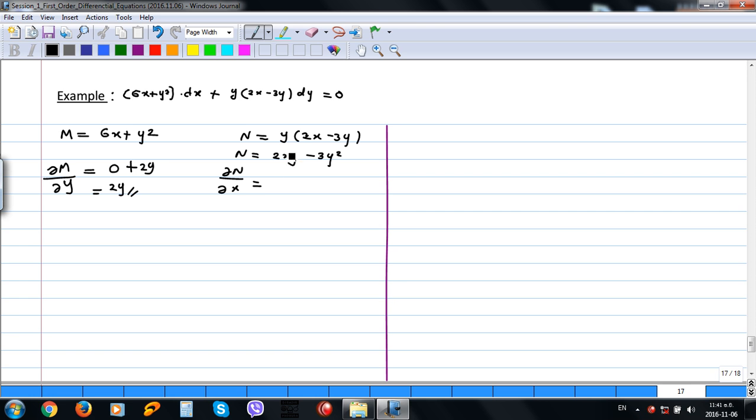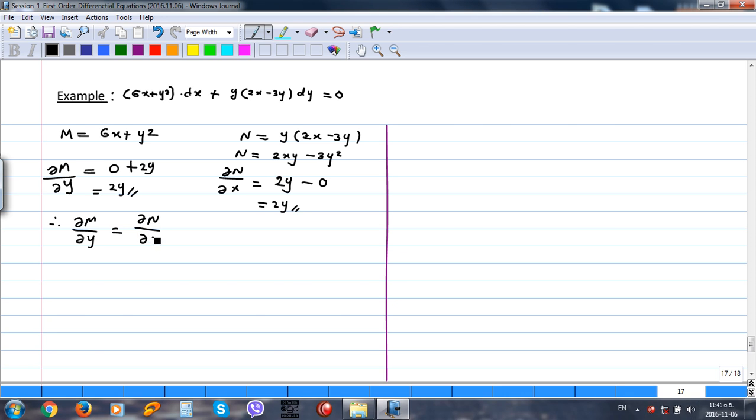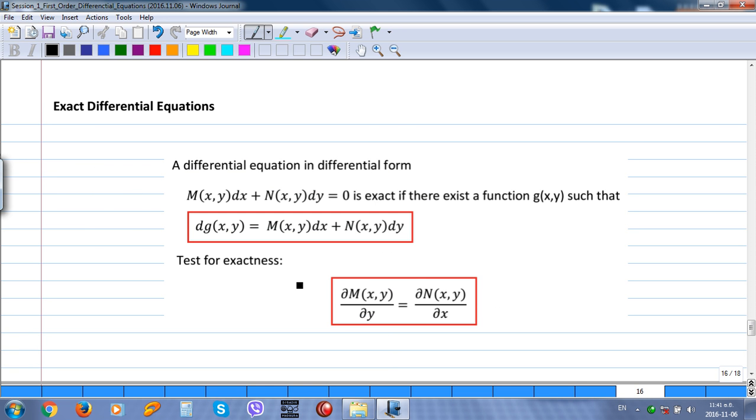Here y is a constant, so 2y multiplied by 1 gives 2y, minus 0. Therefore ∂M/∂y = ∂N/∂x. If these two are equal, then according to the concept, it is an exact equation.